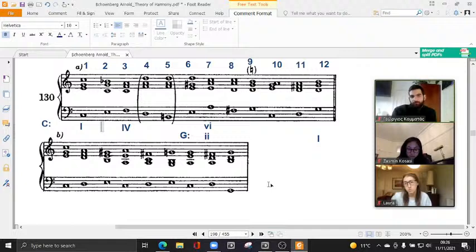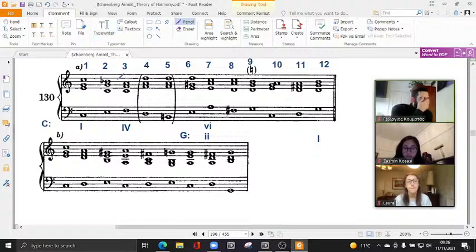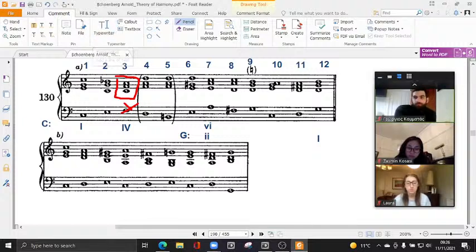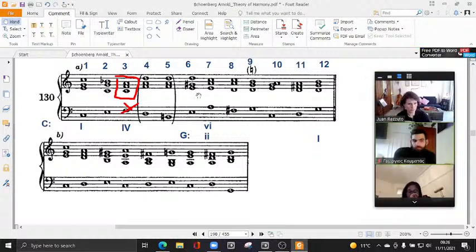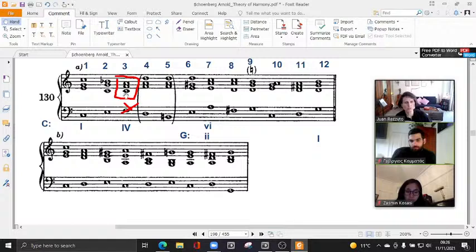So, let's pretend you have just this chord, Jasmine. Forget about the piece. Acoustically, which chord are we going to go to? What is the natural tendency of this chord, to resolve where?